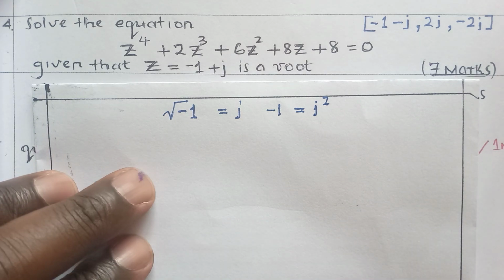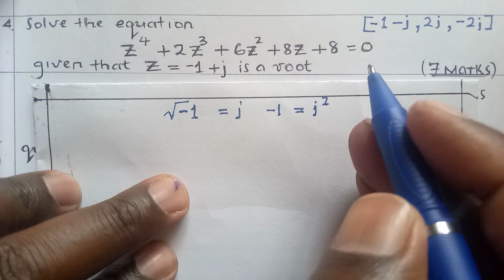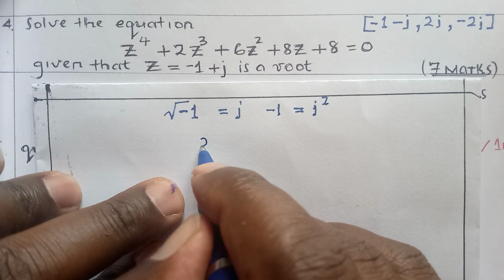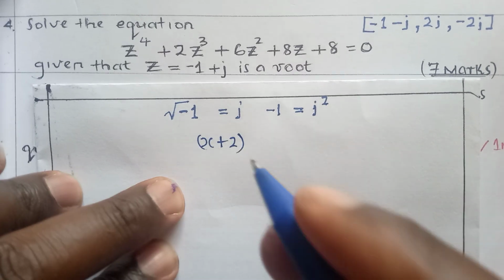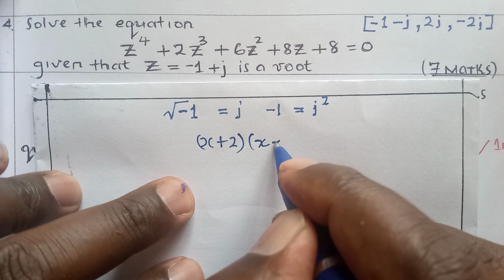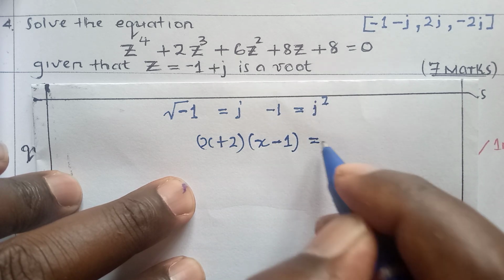Something else, guys, is that let's consider two factors of a quadratic equation. For example, you have x plus 2 and x minus 1, and this is equal to 0.